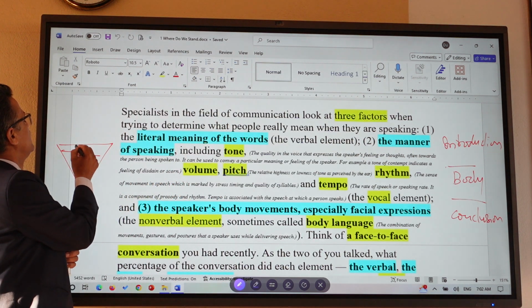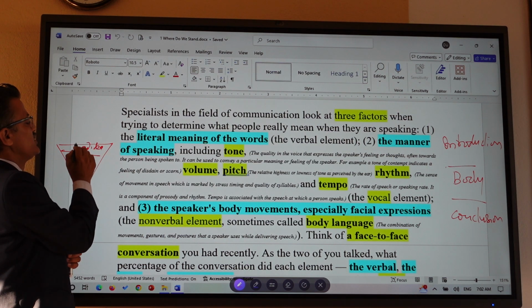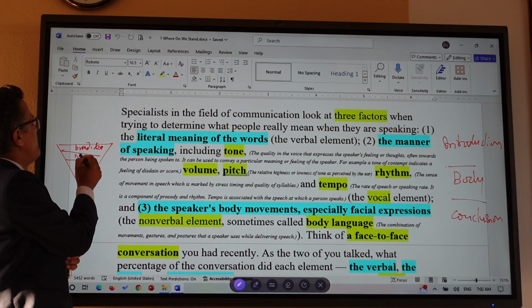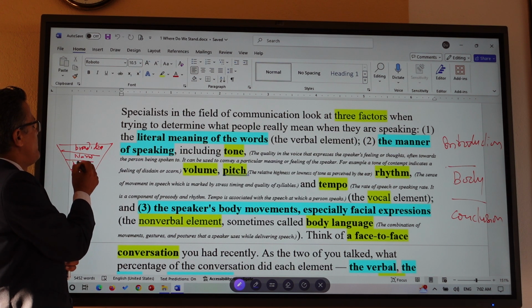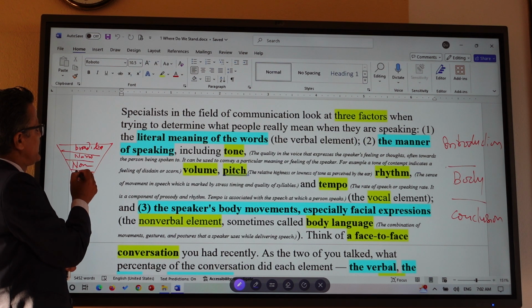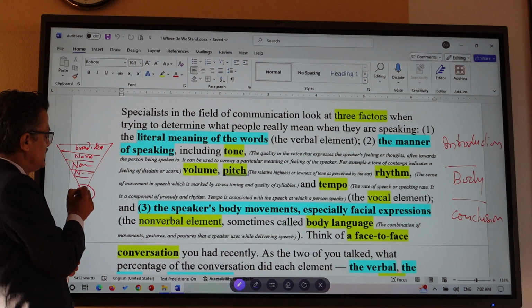Here you write a very broad idea. You say something very broad. Here you make it a little narrow. Here again you make it further narrow. Here you make it even more narrow. And finally here you express your thesis.